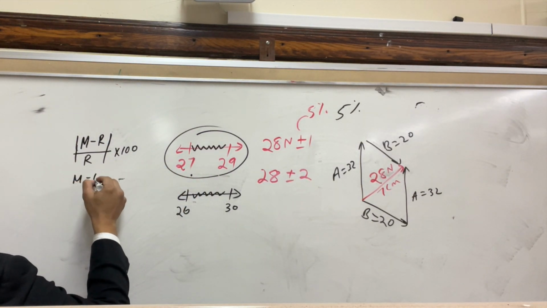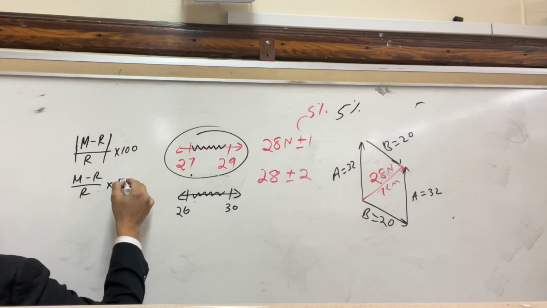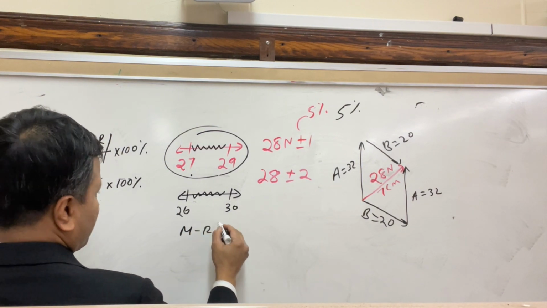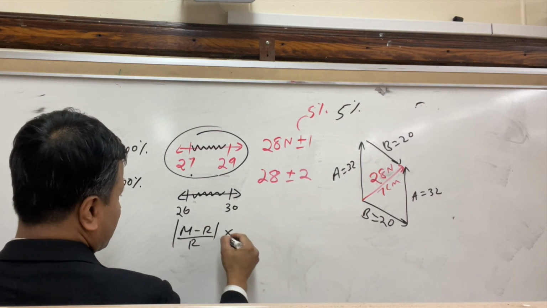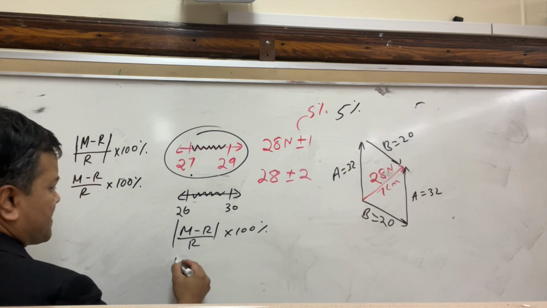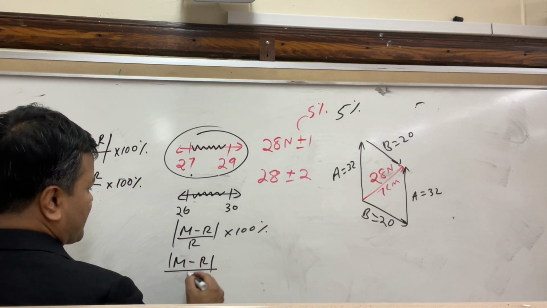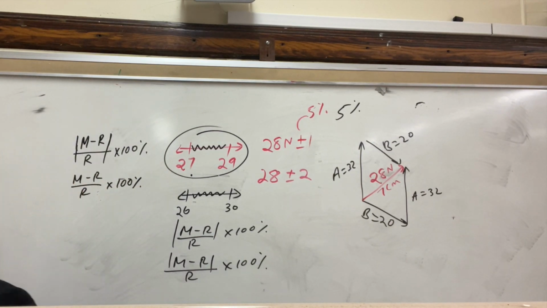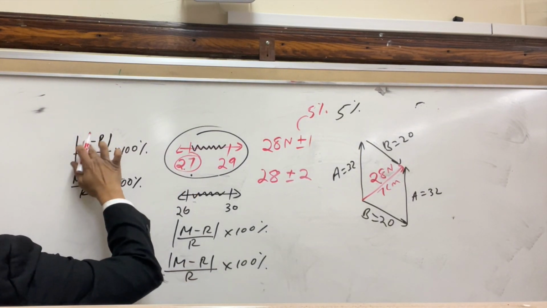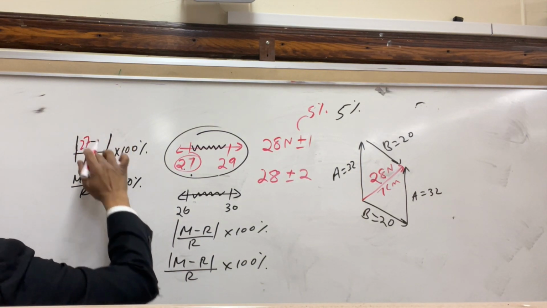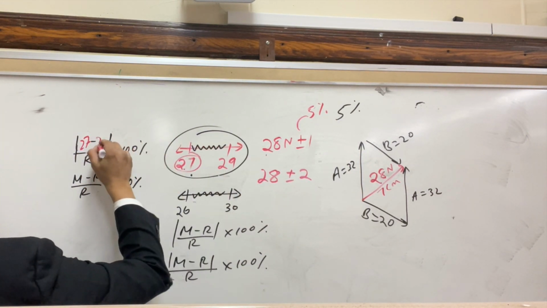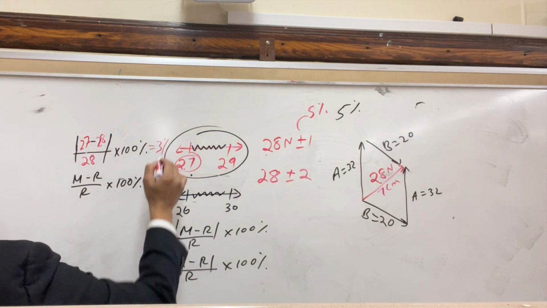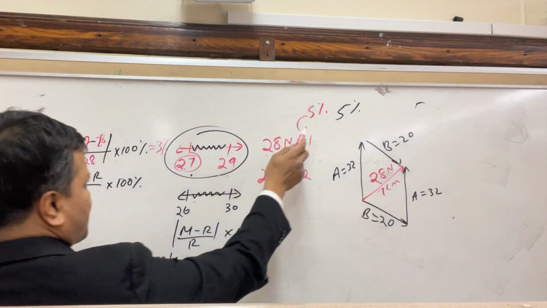So let's do it for 27 minus the real, which is 28, over 28, and that is 3%, and 3% is less than 5%.